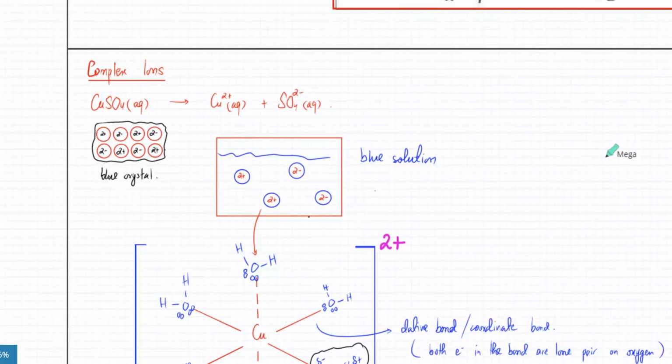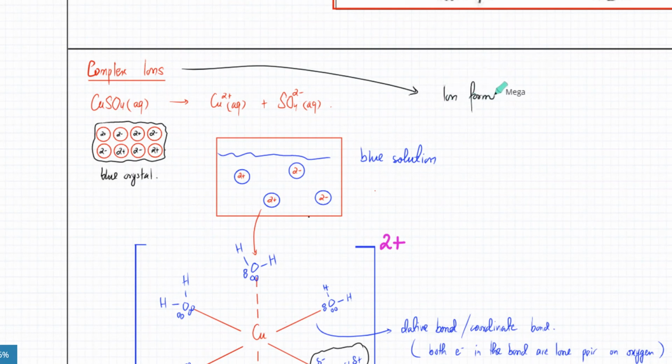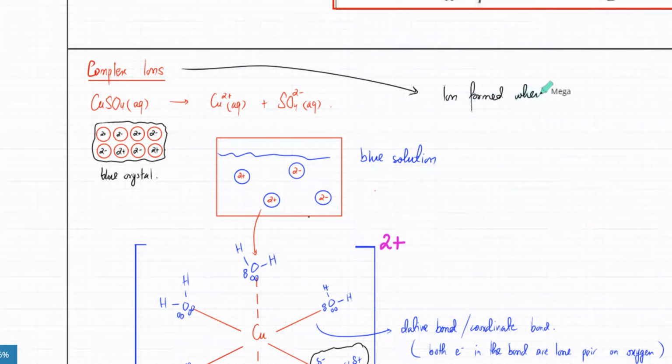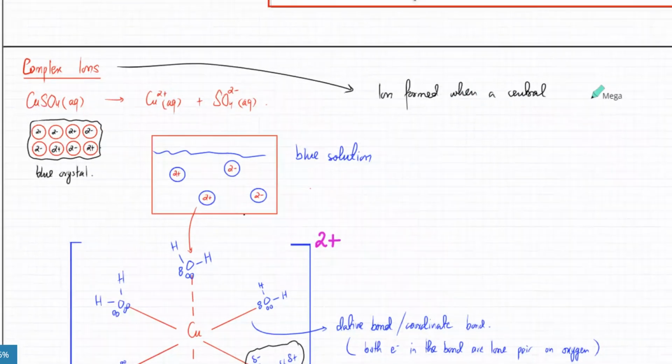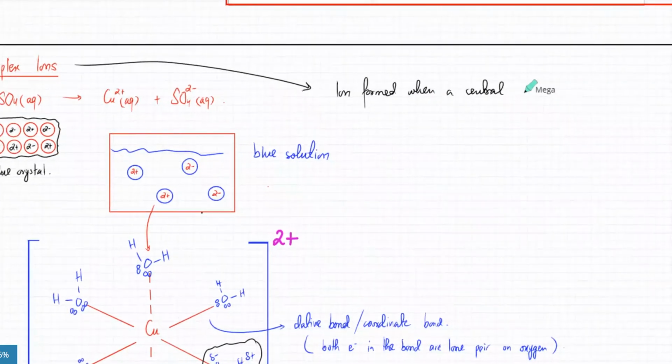It's kind of the same definition: it's an ion that is formed when a central metal cation forms coordinate bonds with a ligand.